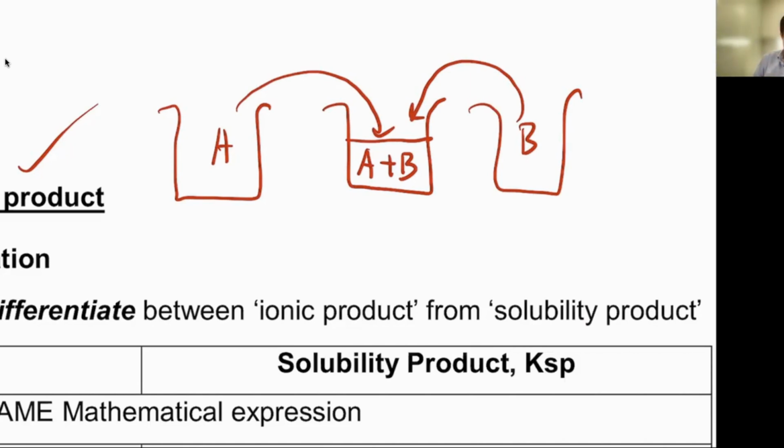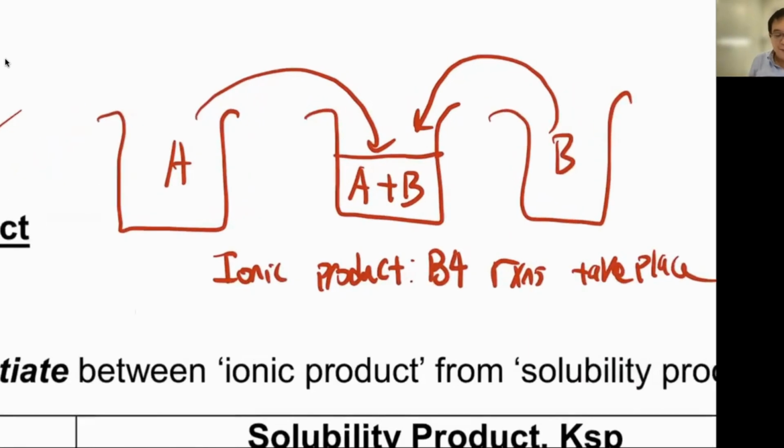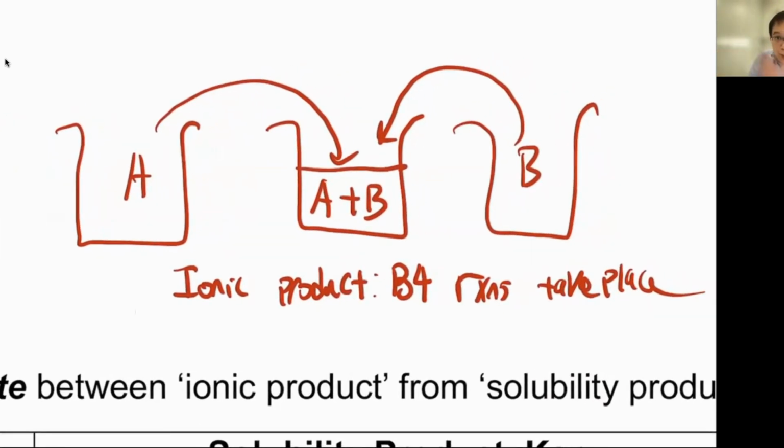So from now onwards, whenever I say the word ionic product, that means this is before reaction takes place. Let me define for you what's the meaning of before reaction takes place. So take, for example, you have A and B, you put them together and you interact, right?